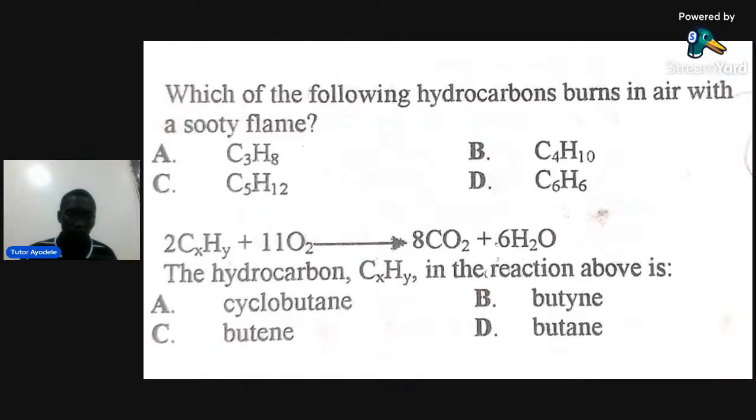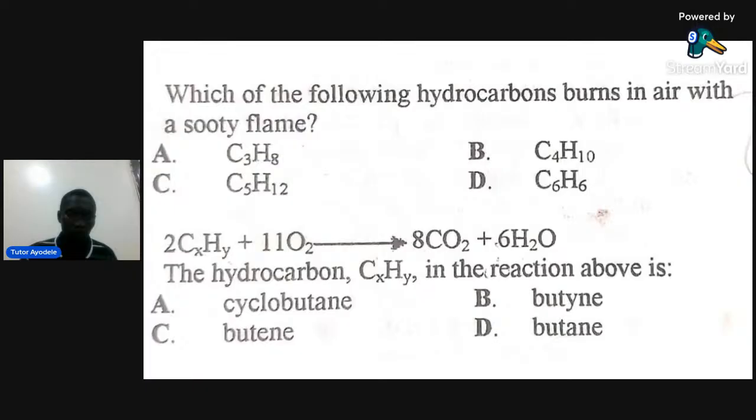If you look at the question, you notice that there is a 2 here in front. We will divide all through by that 2, so that the 2 can leave. Because if you look at the formula, the coefficient there is only 1.